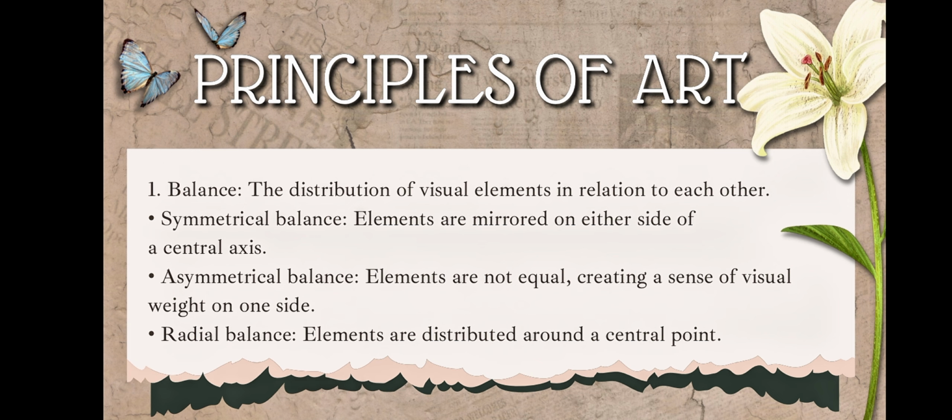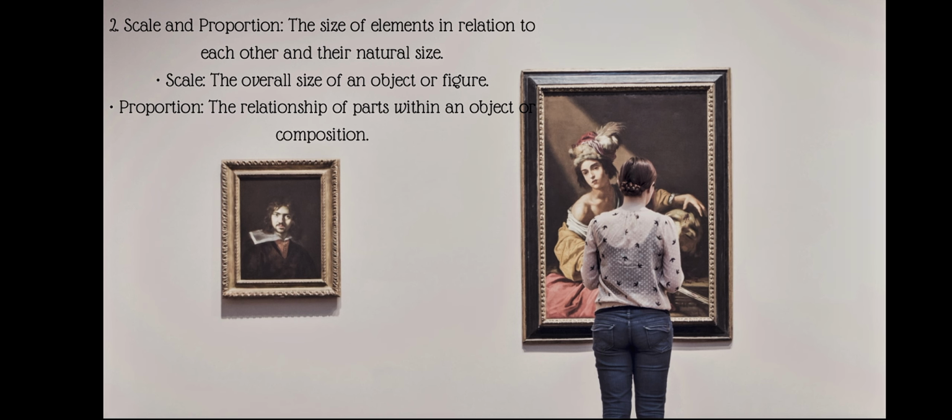Radial balance: elements are distributed around a central point. Scale and proportion: the size of elements in relation to each other and their natural size. Scale: the overall size of an object or figure. Proportion: the relationship of parts within an object or composition.